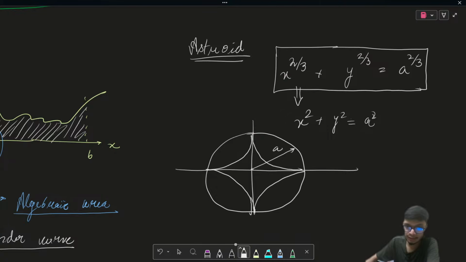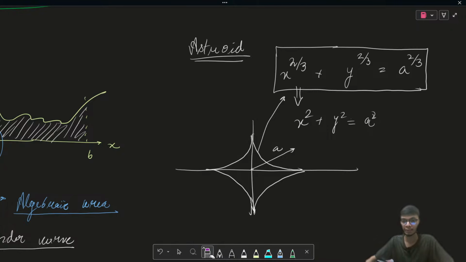This is my asteroid curve. This interior curve is the asteroid curve, right? I can erase the outer part, which is the circle. The asteroid is bounded inside the circle, and that's why I have drawn it in this manner. I hope this is clear to all of you, right?